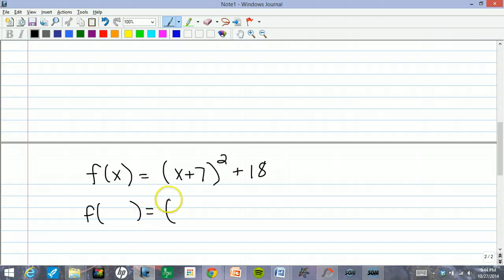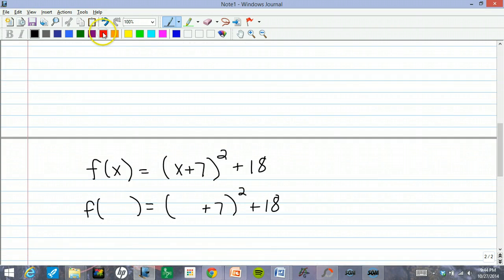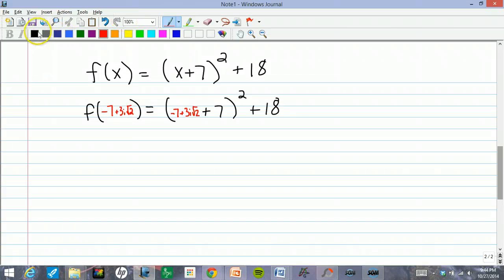If I input its value, -7 plus 3i square roots of 2. So input -7 plus 3i square roots of 2. Let's see if this actually outputs a 0.